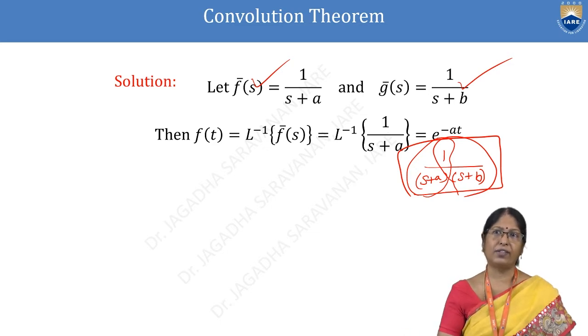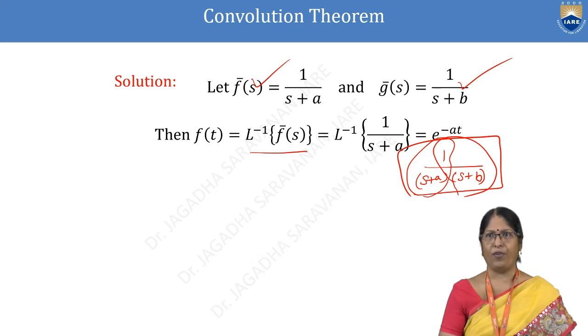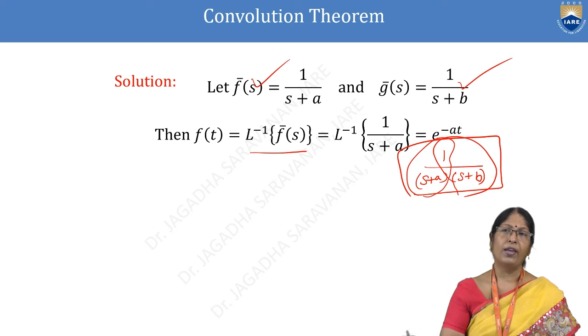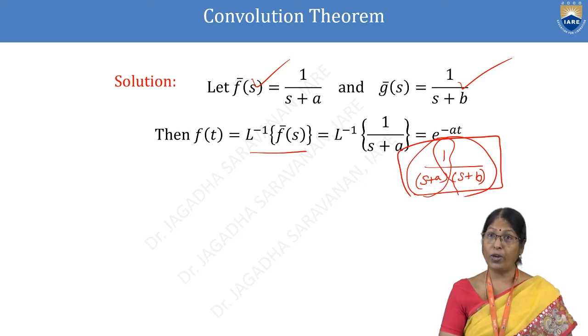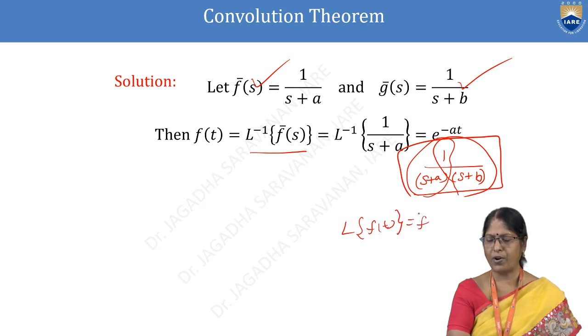F of t is nothing but L inverse of f bar of s. How did we get it? We know L of f of t is f bar of s, so f of t is L inverse of f bar of s.